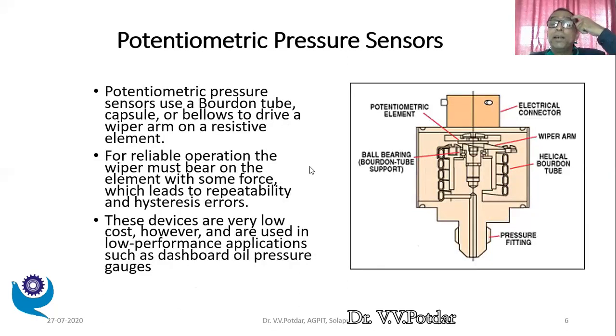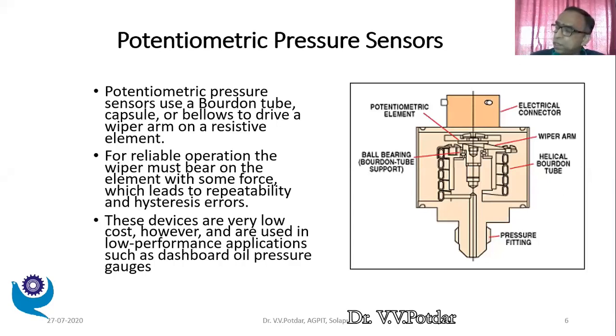If you recollect, it is a helical Bourdon tube, and after application of pressure, it tries to expand, and that expansion is converted into angular motion, and that angular motion is connected to a wiper or slider of a potentiometer. So this angular motion of the wiper or the slider is converted into resistance change, and that resistance change is measured in terms of voltage change in the external circuit.